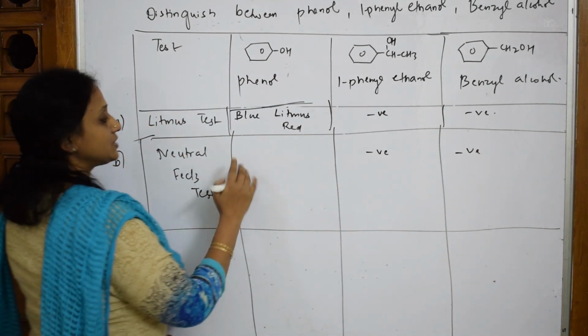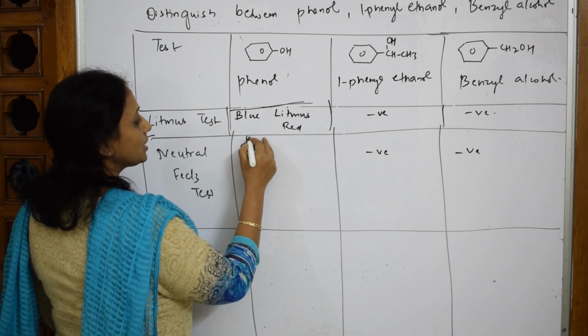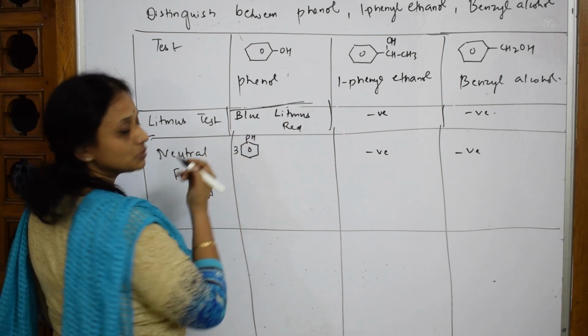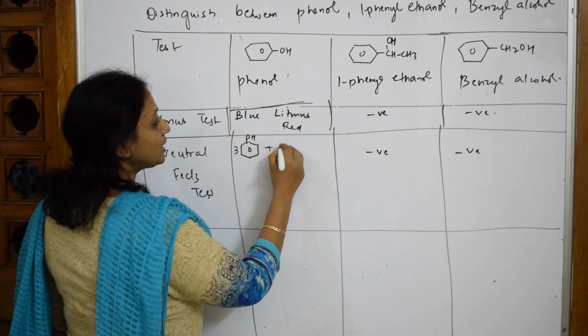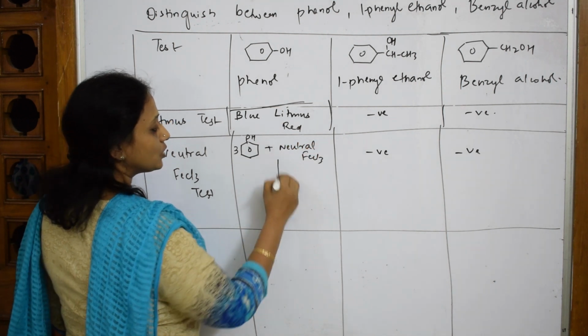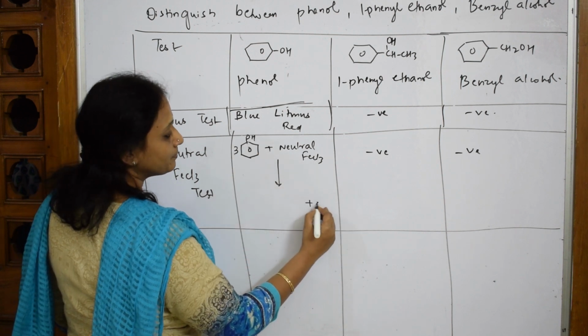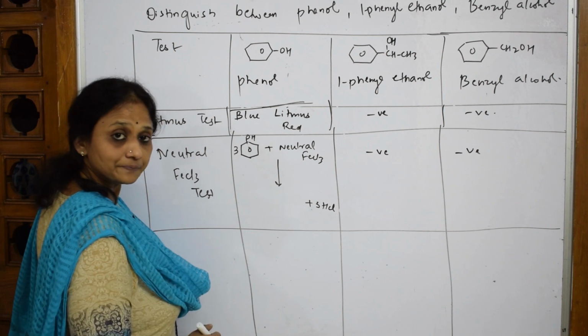So how is the neutral FeCl3 test performed? I'm going to take 3 moles of phenol, and to this I'm going to add neutral FeCl3. Then what do I get? These 3 hydrogens from here and chlorine from here come out as 3HCl.